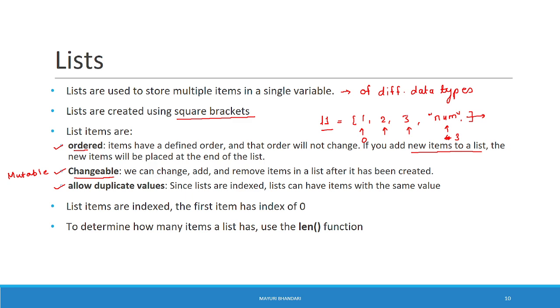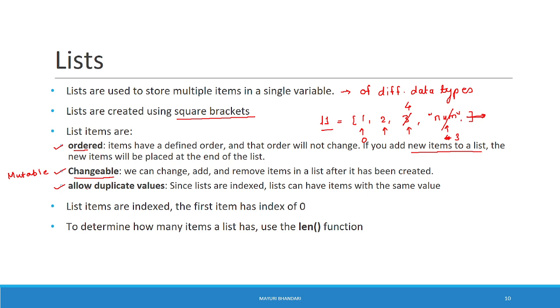That means अगर आपको यहाँ पे 3 के जगह पे 4 करना है तो you can change. This is called the mutable property. तो आपको num के बाद कुछ element add करने हैं, you can add. If you want to remove this num, you can remove, and if you want to change a particular element in the list, you can change it. So this is the mutable or changeable property.